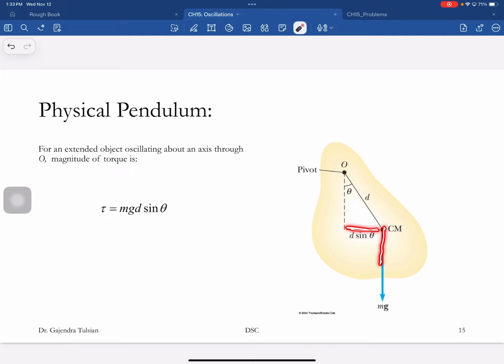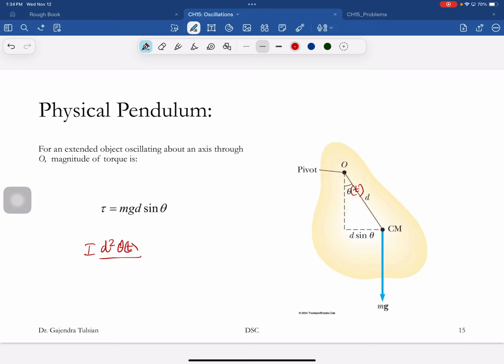So you're calculating the torque about this point, and there's the moment arm, mg d sine theta. That's the restoring torque. And so the configuration of this system is given by that. What you're interested in is how theta evolves. And so I times d squared theta by dt squared is equal to minus mg d sine theta.